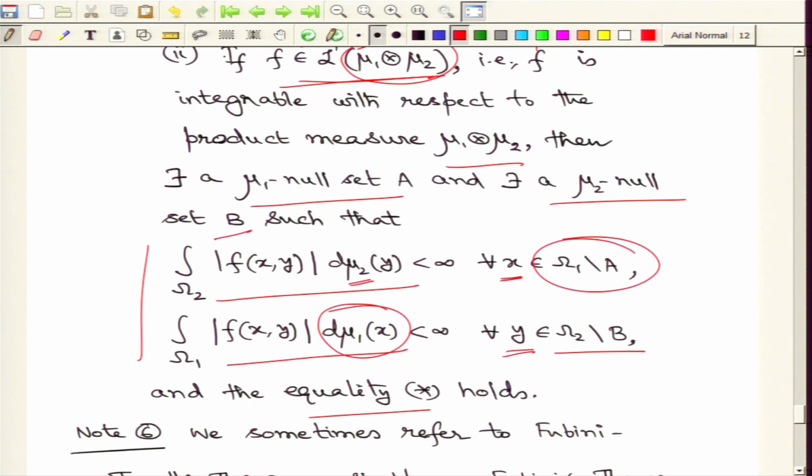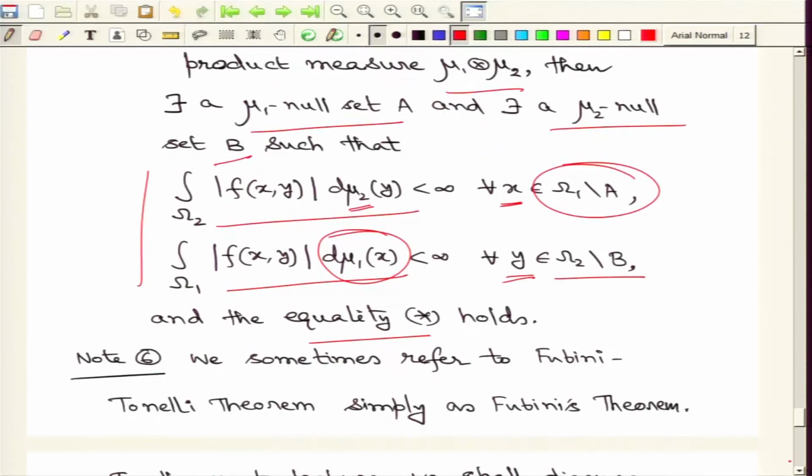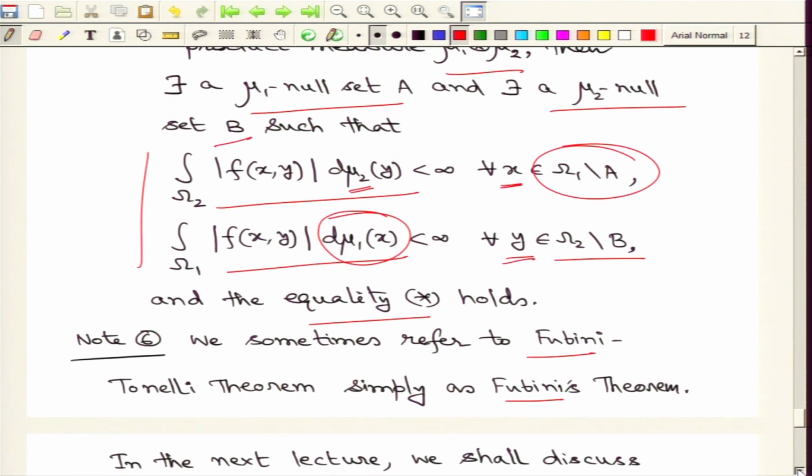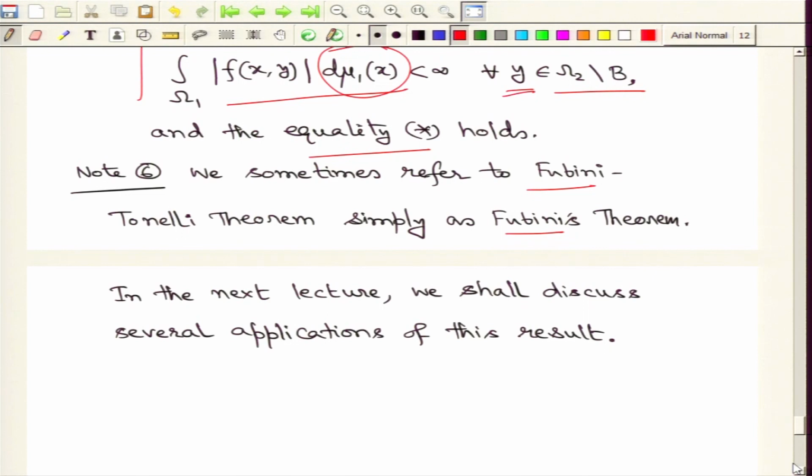You can reduce it to iterated integrals, meaning you perform the integration with respect to one of the measures first and then perform the integral with respect to the other measure. We will sometimes refer to this Fubini-Tonelli theorem simply as Fubini's theorem. This is just for the sake of ease of notation, and in the next lecture we are going to discuss several important applications of Fubini's theorem.